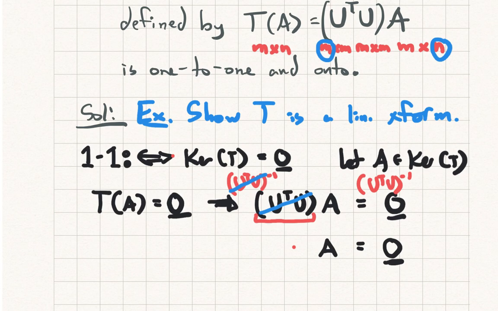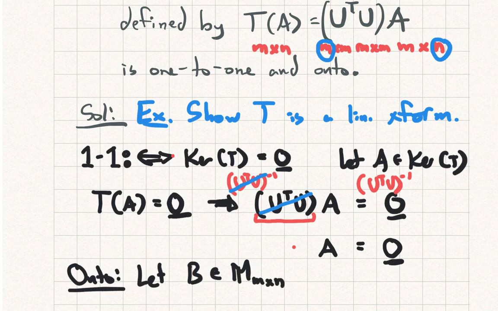Okay, now let's show that indeed this is onto. So we want to show that the image is indeed all of m by n matrices. So we're going to take something in the codomain, which is m by n matrices. Let's say, we already used A, so let's let it be B, some m by n matrix.